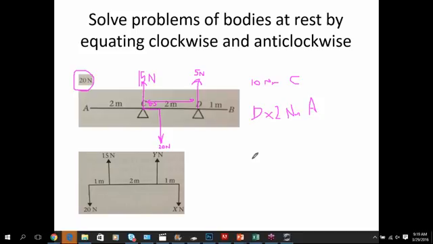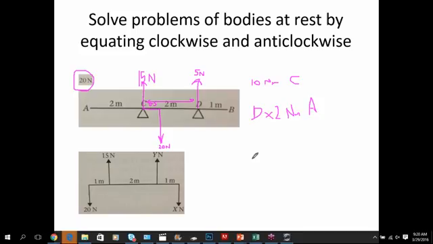So what are the total clockwise moments? 30, and 30 clockwise. This 30 is clockwise, this is clockwise, so that's 30 plus 6.